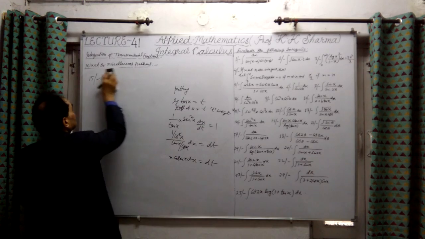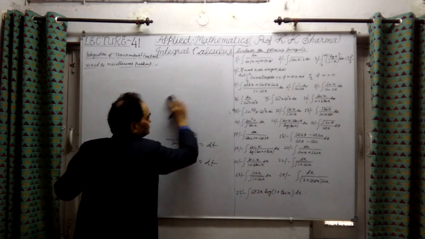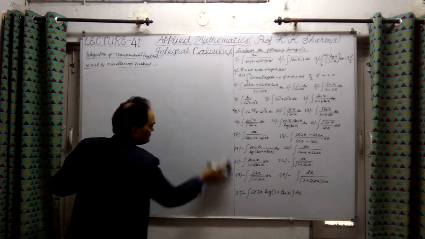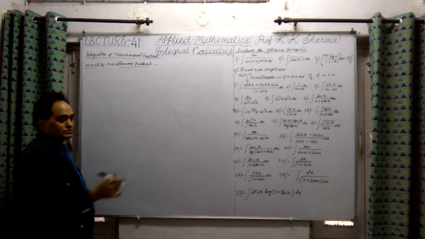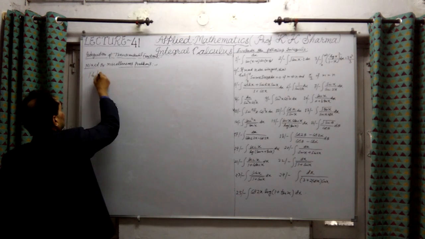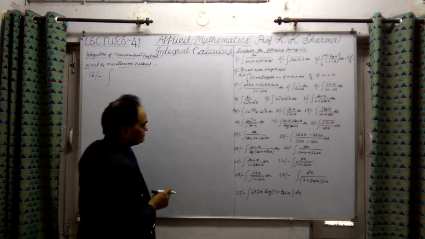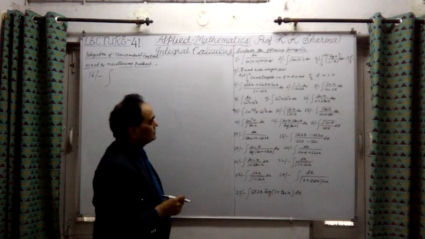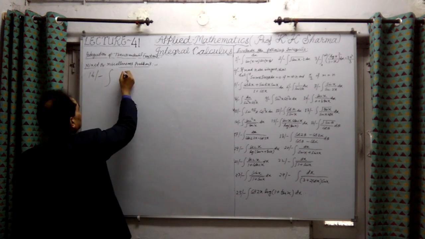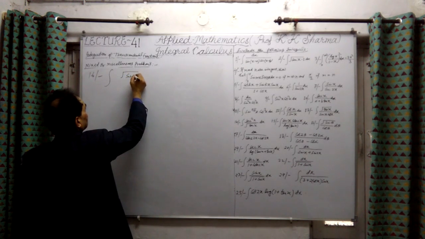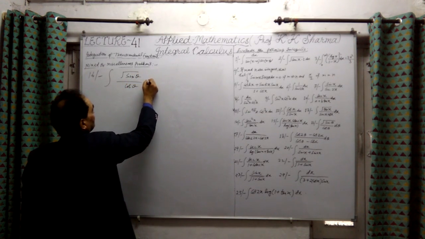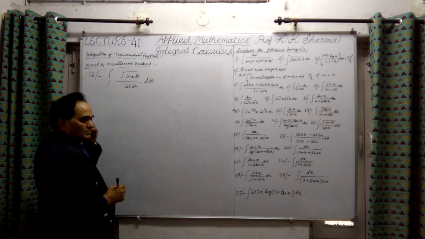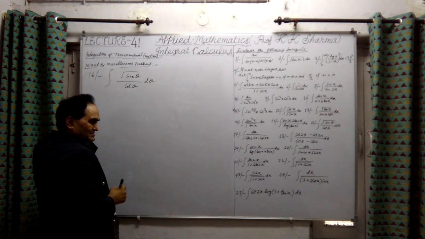Now let me talk about the 16th question. What does question number 16 say? Okay, question number 16, the last one, is the integral of under root tan theta, that is under root sin theta upon cos theta, into d theta. Let me rationalize.